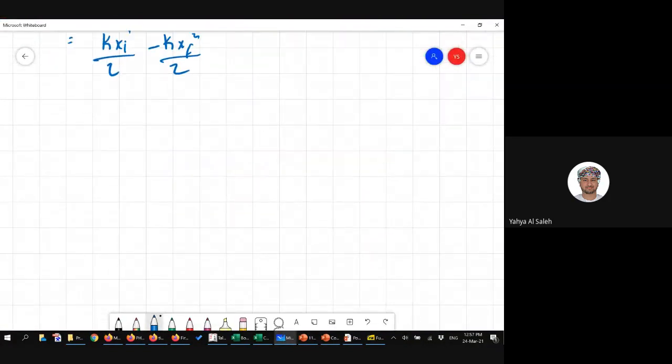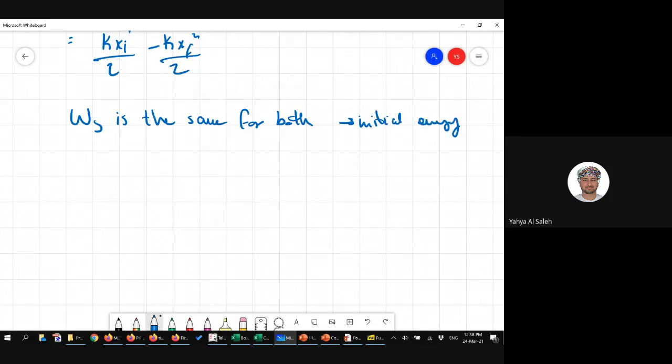So we have the same W_s. Okay, so W_s is the same for both. This will be my initial energy. Where does it go? It is dissipated by friction.